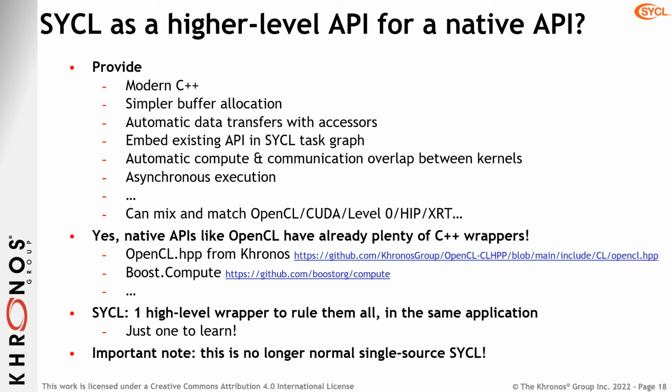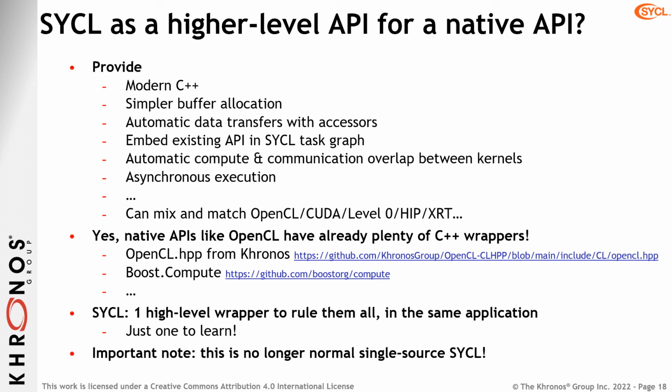If we have this SYCL interoperability layer, we can actually use it as a higher level API for all the native APIs behind the various backends. It will provide you a modern C++ SYCL interface with all the usual SYCL features.